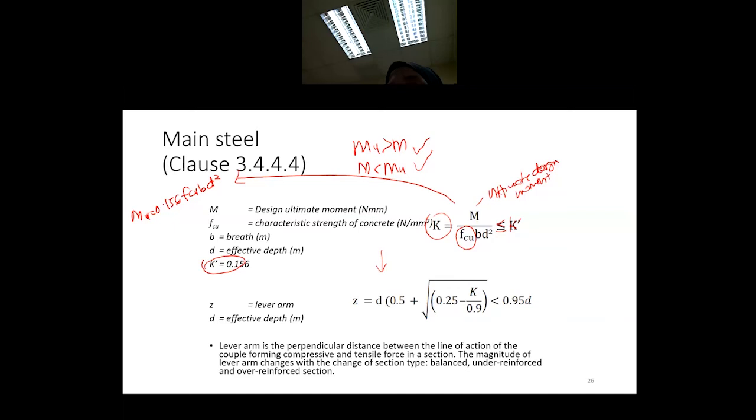M tu I biarkan kat situ. So, FCU ni akan beralih sana kan? FCU B D square sama dengan M. Okay, sama tak? Kalau you tengok ini dan ini, sama kan? Okay, kalau you tengok K, abaikan K lah sebab ini 0.156.